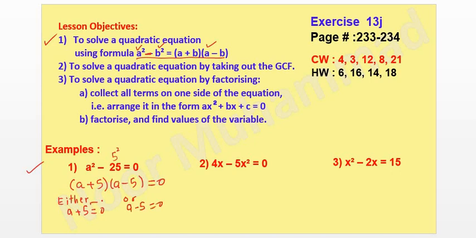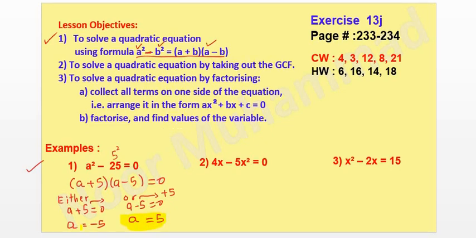And from here I will move this positive 5, it will change into negative 5, and I will get the value of a, that is negative 5. And similarly here, when I move this negative 5 to the other side, it will change into positive 5, and finally I will find the values of a. That means the equation is solved, and these are the possible values of a, right?